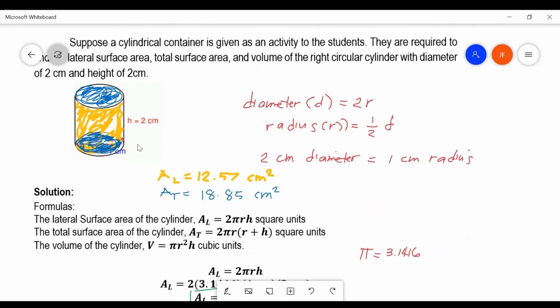Now, last but not the least, the volume of the cylinder. Suppose we are going to fill this container with water up to the brim, or to its full extent. Then the water that this cylindrical container holds is the size of the volume. Imagine that.